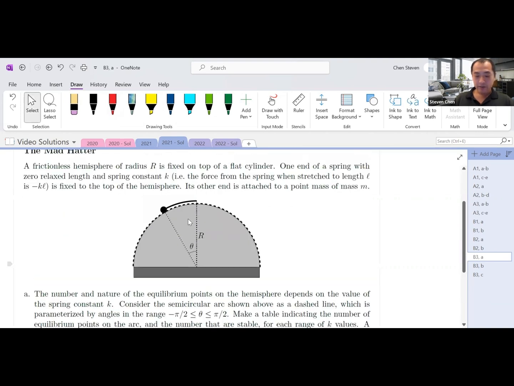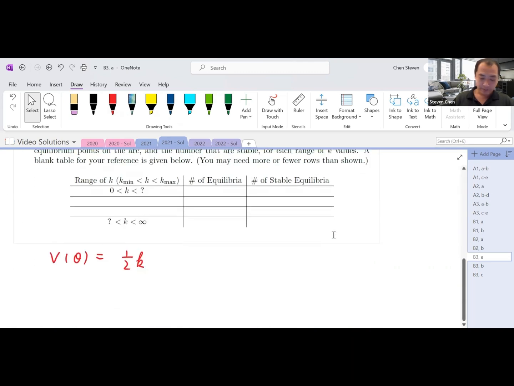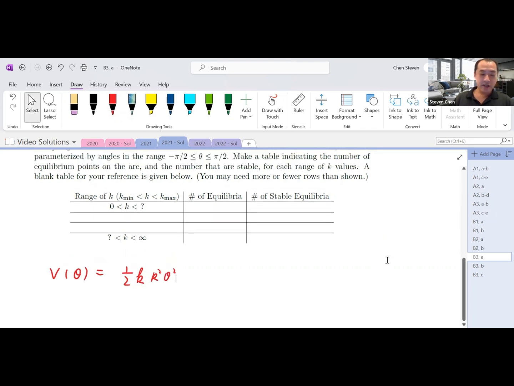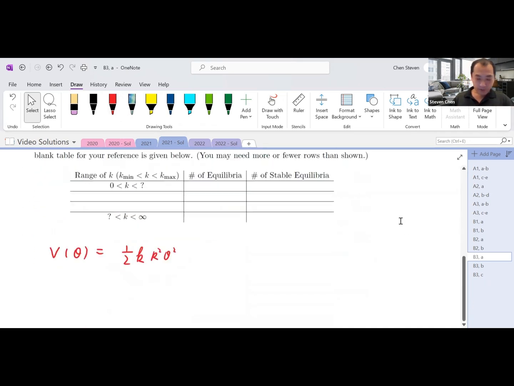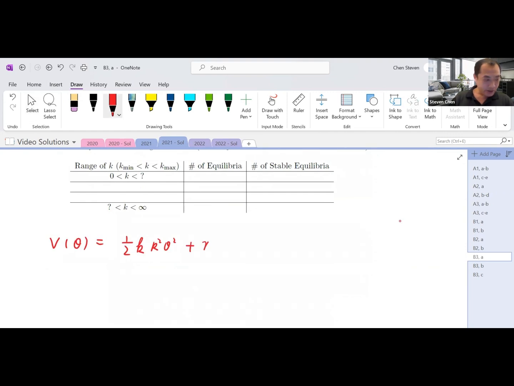At angle theta, the length that has been extended by the spring is equal to the length of this arc, right? So r theta, and the square is r squared theta squared. And the second type of potential energy is the gravitational potential energy, right? Suppose we use the ground as the reference plane. So the gravitational potential energy is mgr cosine theta.